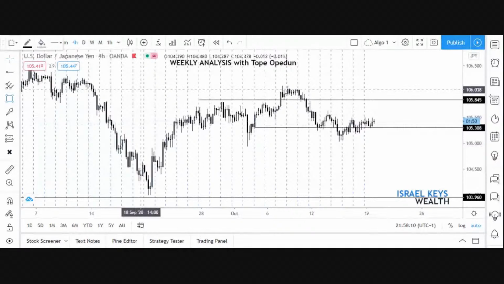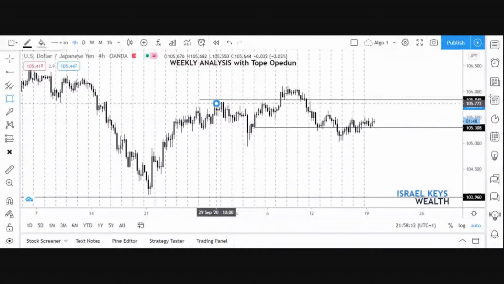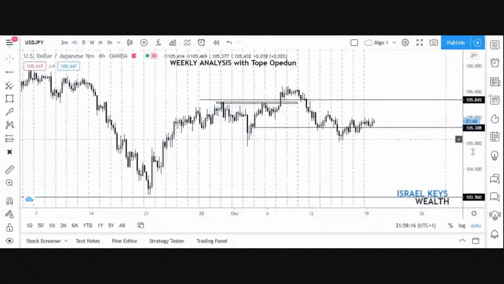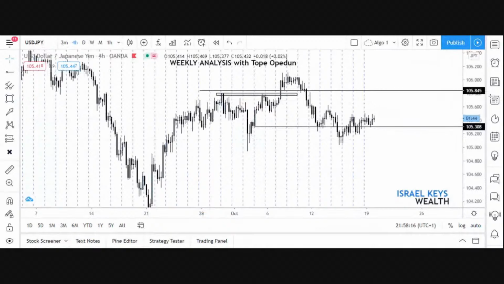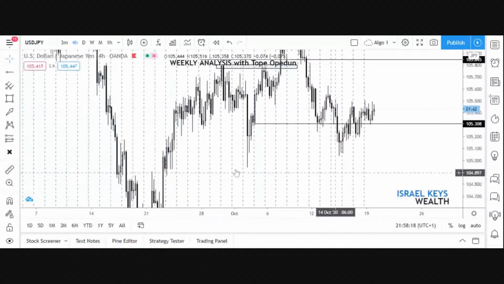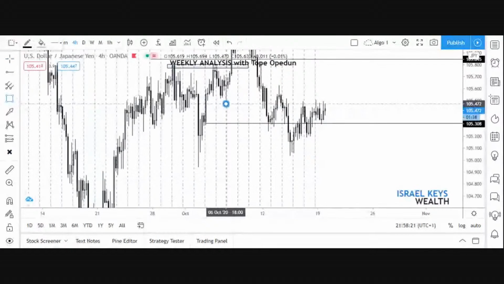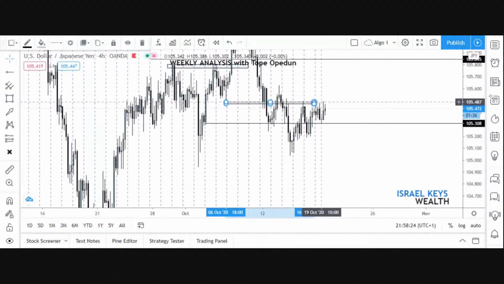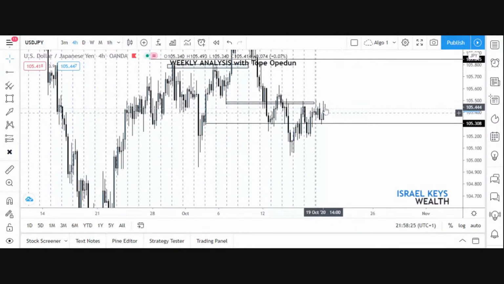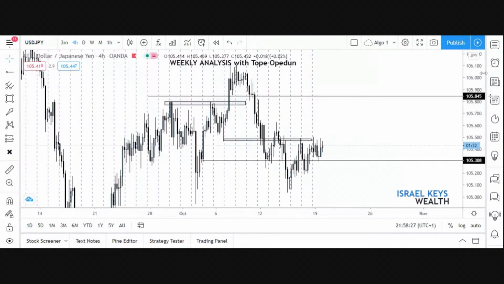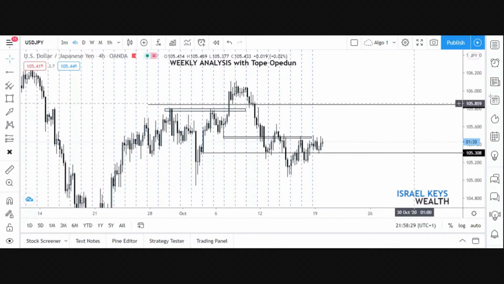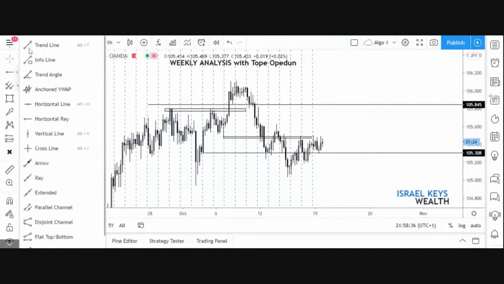Okay, let me draw that out. Market structure break there. We're looking for a rally back into this range and then finally a drop, if that's what they want.